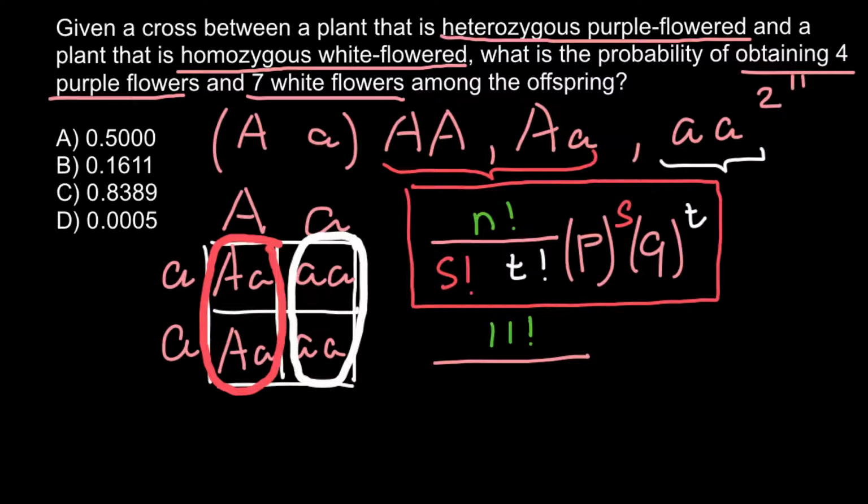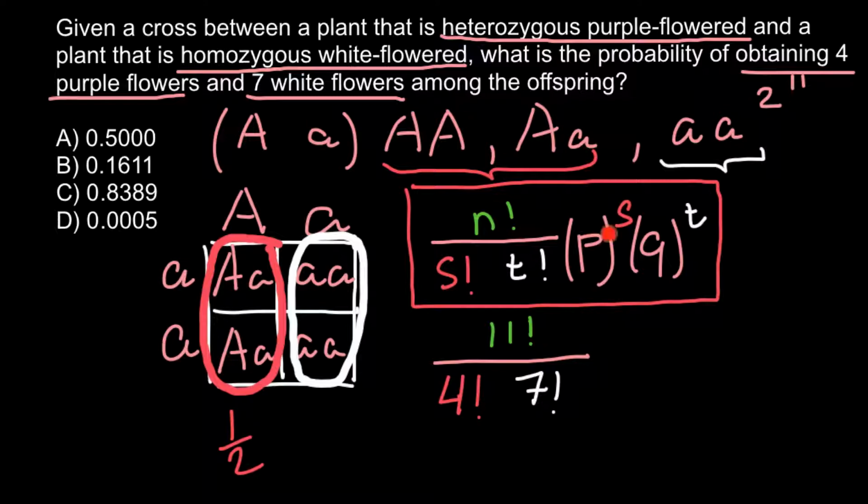So let's put 4 factorial here, and by the number of second type of variants, and this is going to be 7 white flowered plants. So 7 factorial. And also we have to multiply by the probability of the first type of events, and as you see, the probability in the progeny to obtain purple flowered plants would be 1/2.